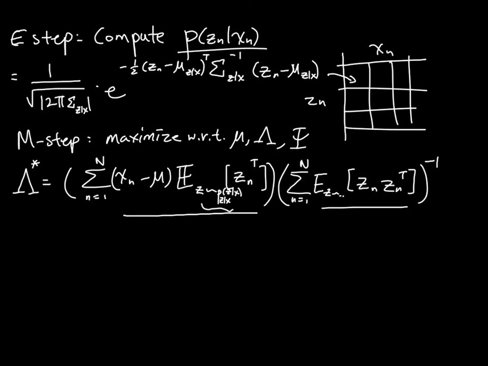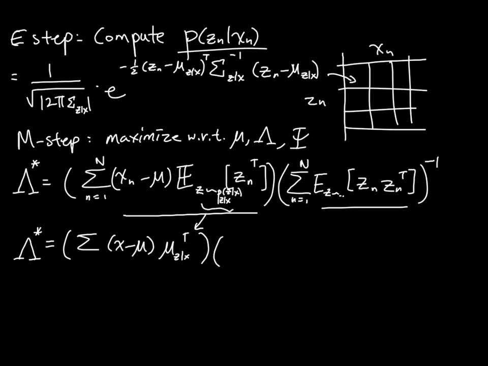Okay, so now after you have these, you can plug it in and get lambda star equal to the same thing. I'm not going to write the same thing again. We see mu z given x transpose, right? This is actually just mu z given x transpose, because it's the expected value of the average of zn.